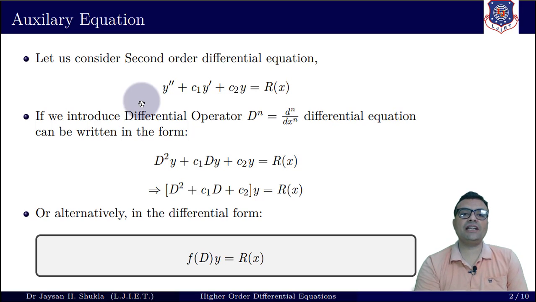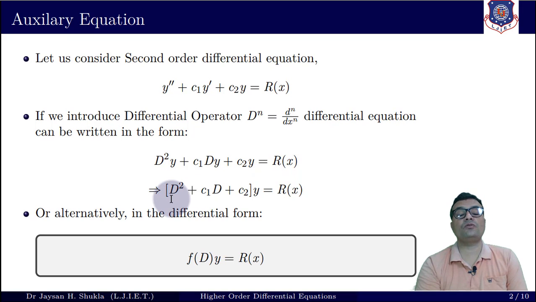We are defining this equation with the help of differential operator D raised to n. Capital D raised to n is nothing but the nth order derivative of y with respect to x. This will make many things easy for us in higher order differential equations. So if I consider this operator D, then my second order differential equation will take this form: D square y plus c1 times Dy plus c2 times y equals r of x.